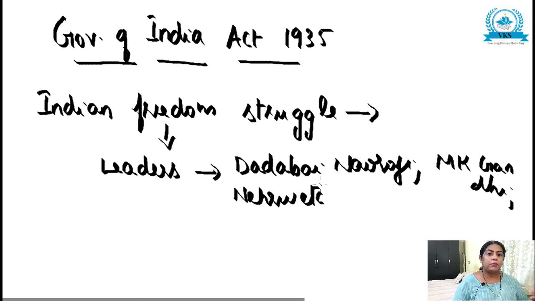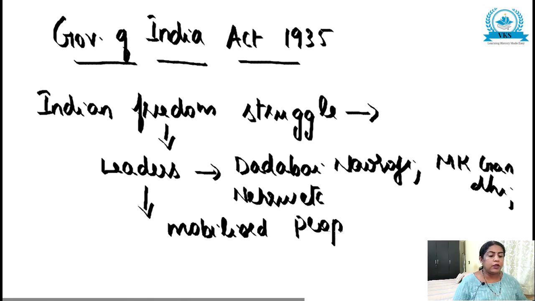They made the people come together into a political action, and they devoted their lives for the movement. They made the people fight for the freedom, and they themselves dedicated their entire life for the purpose of India's freedom.